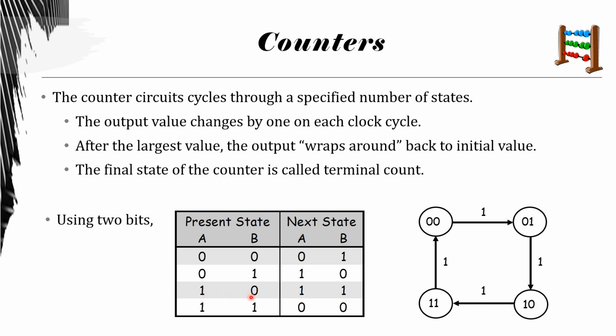From the 10 state, by adding 1, we move to the 11 state. That is the largest value of this 2-bit counter. After reaching this largest value, the output wraps around back to the initial value. So the counter circuit cycles through a specified number of states.